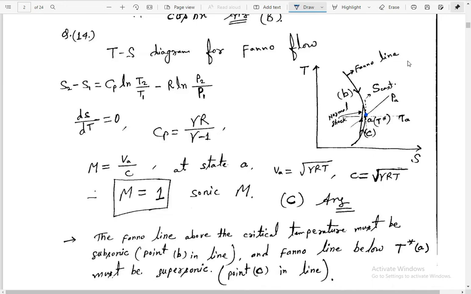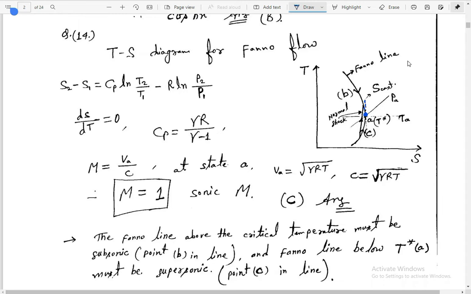Before that you can see B, and after that you can see the line C, and actually you will find at this point s is constant, that is, entropy is constant. This dotted line you can see.